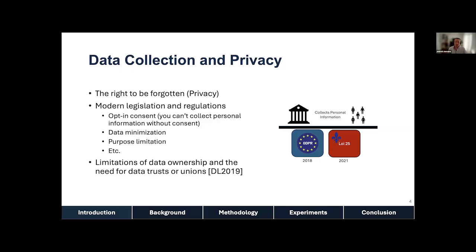So maybe I'm very sensitive about privacy, but maybe George is not as sensitive. How can we deal with that if we have just one type of governance? So this is why it's an interesting idea to have that kind of data trust or unions.